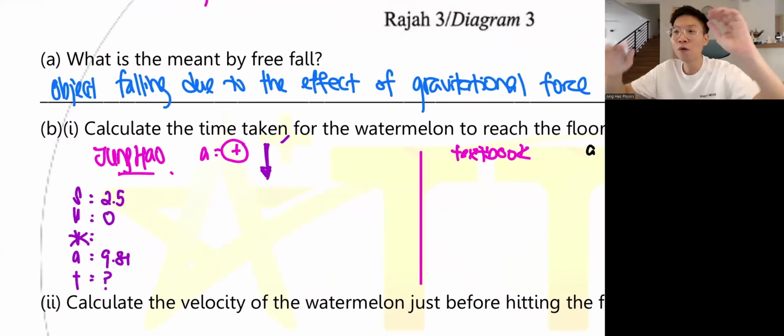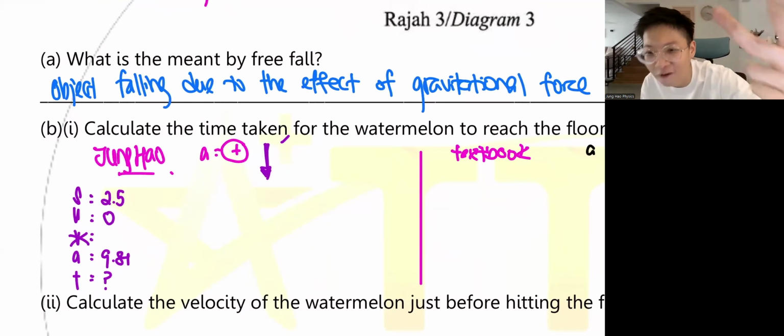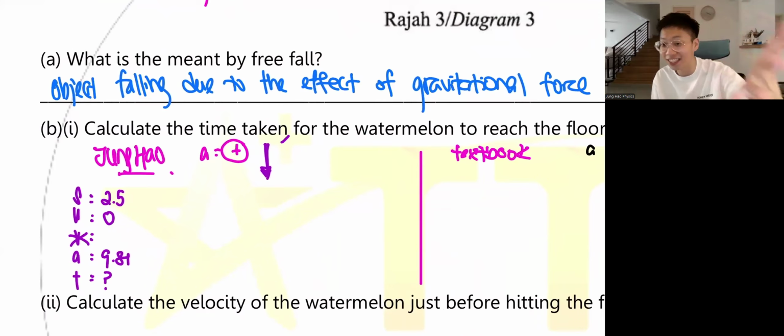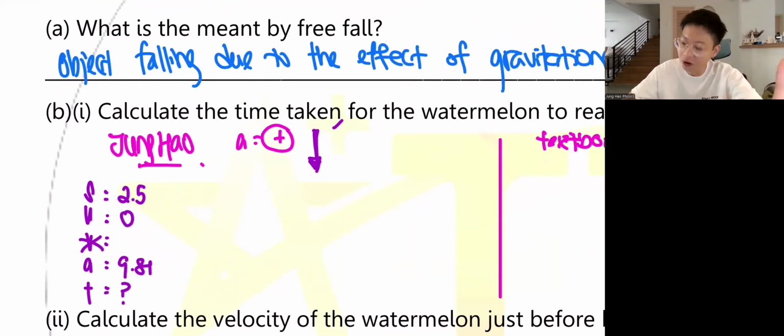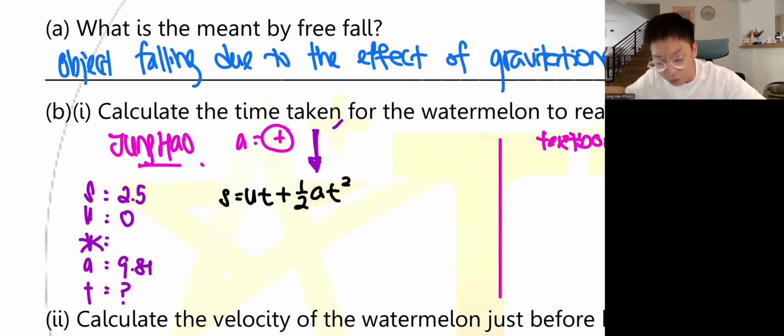Okay, guys. Are you familiar with this thing called SUVAT? S stands for displacement, U stands for initial velocity, V stands for final velocity, A is acceleration, and T is time taken. If you don't know about that, just try to read it up. It's very simple. So if I have no V, I'm going to use S equals UT plus half AT squared.